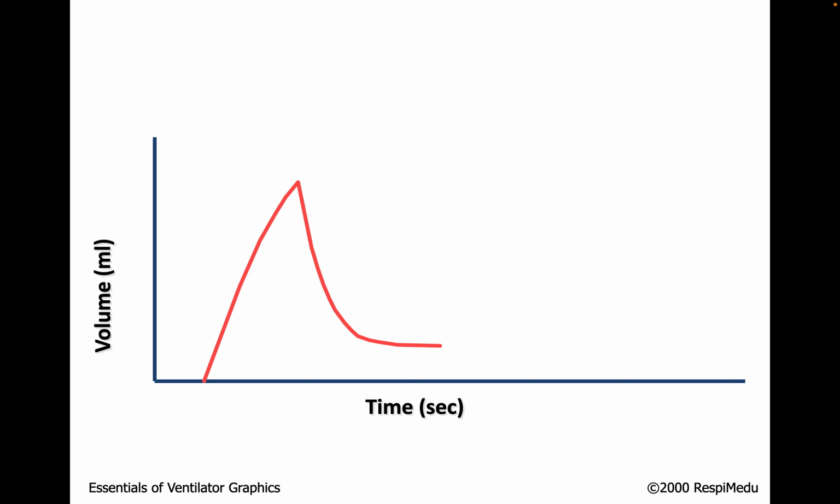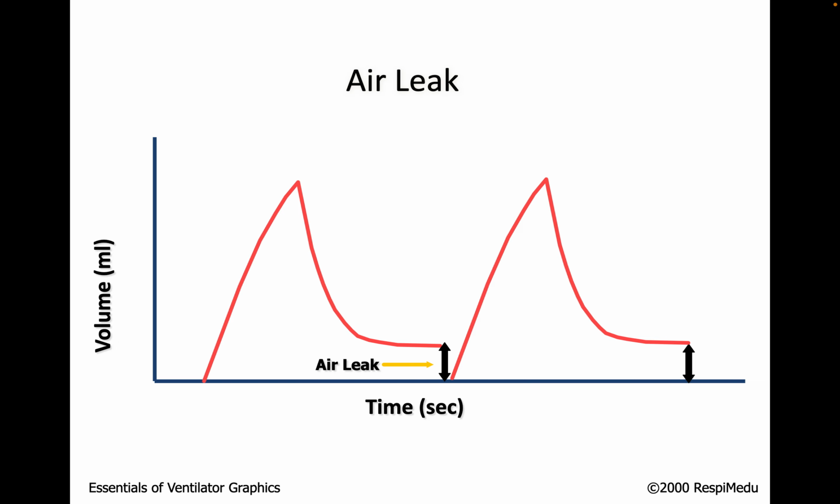In this particular graph, you could see that the expiratory limb is not touching the baseline. This could be the volume which is not actually measured, and this is classically seen in air leak conditions.